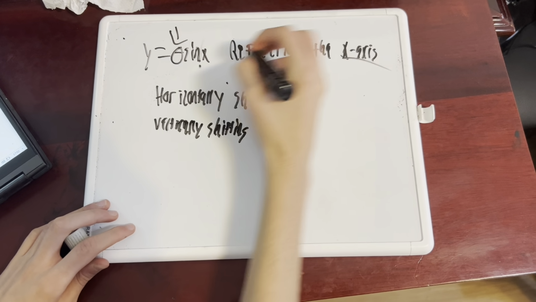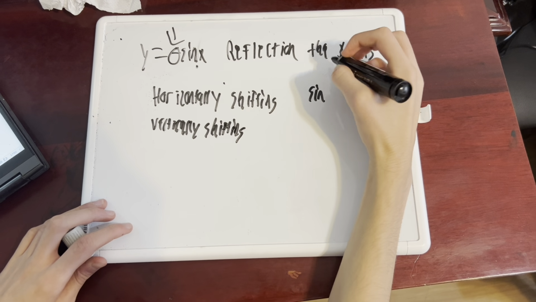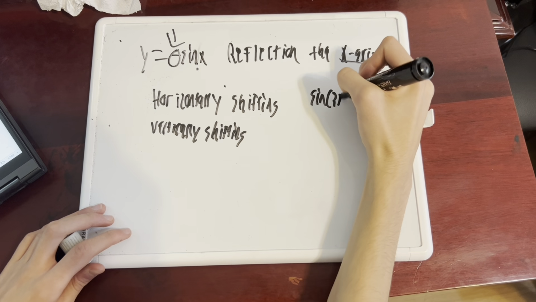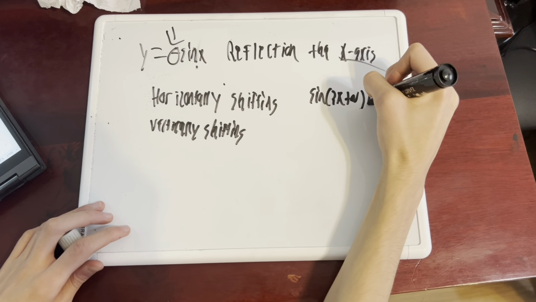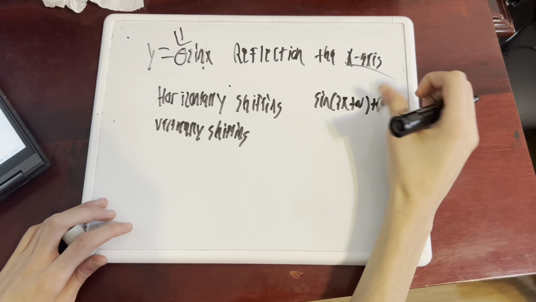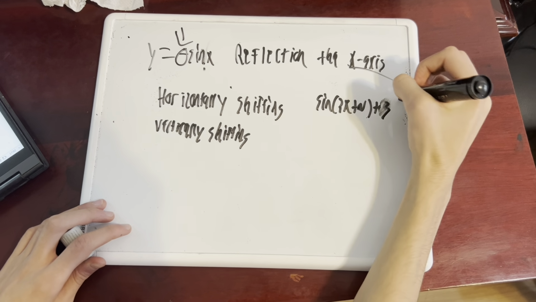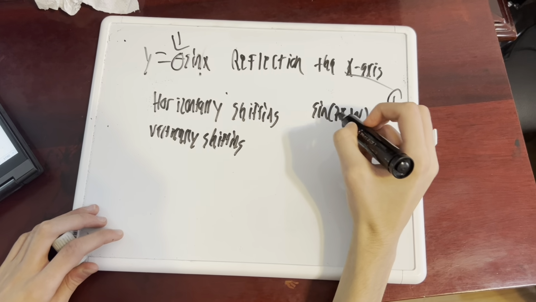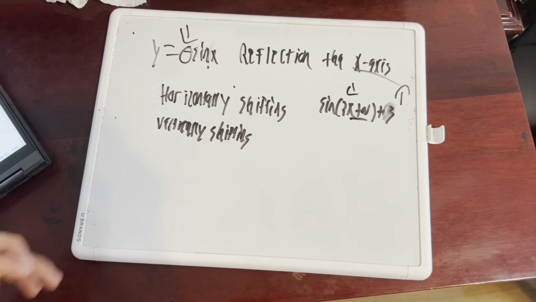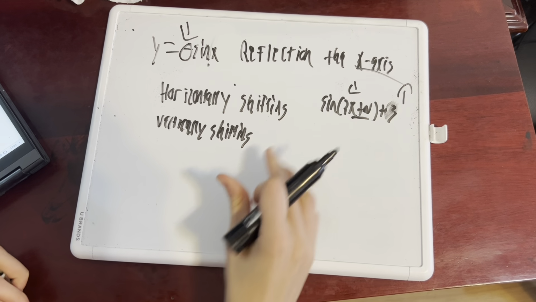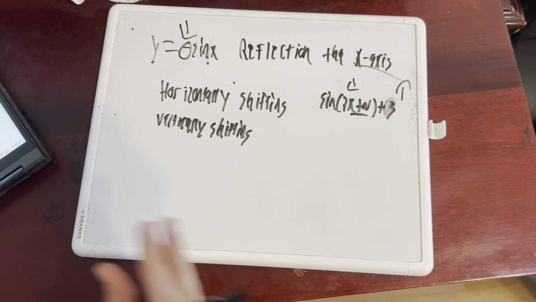Because if I had sine of 2x plus pi and then plus 3, for example, you're going up 3, you know that this pi right here and this 2 right here will change your x scale, and it's going to change your period, and it's all going to change everything.